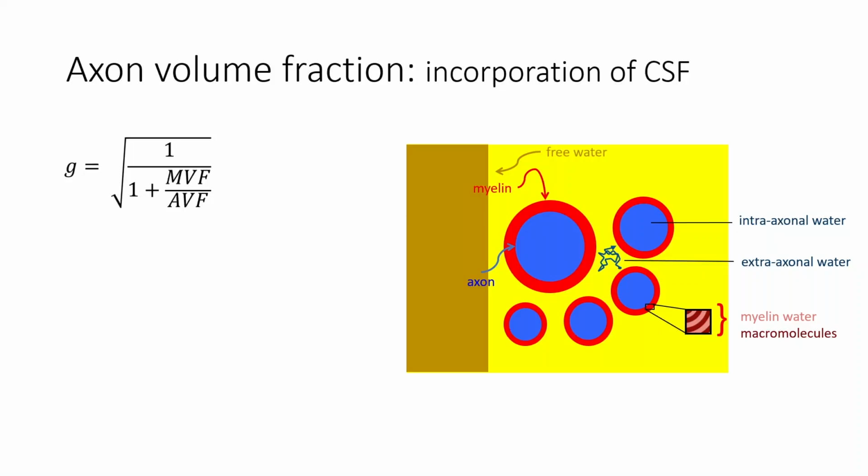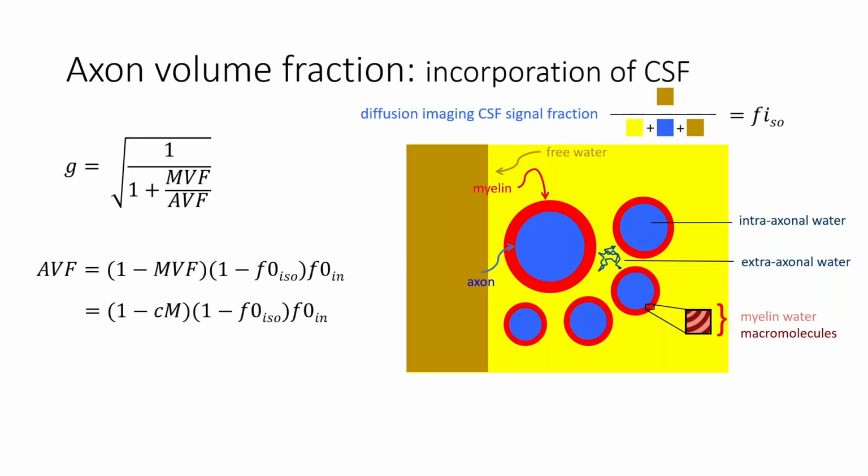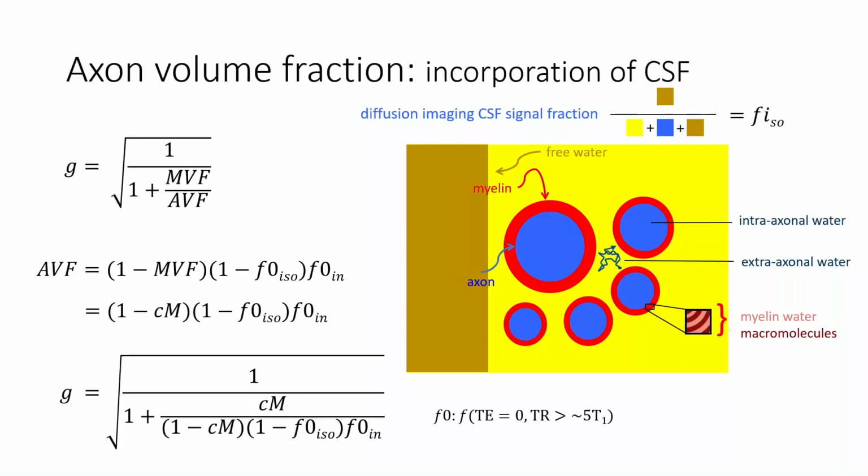This free water will also have different relaxation parameters and a different diffusion displacement distribution. Its signal fraction can be estimated from diffusion MRI again. We can then calculate the axon volume fraction, incorporating it, and put it into the G-ratio framework, noting that T1 might become relevant in such a long T1 compartment.